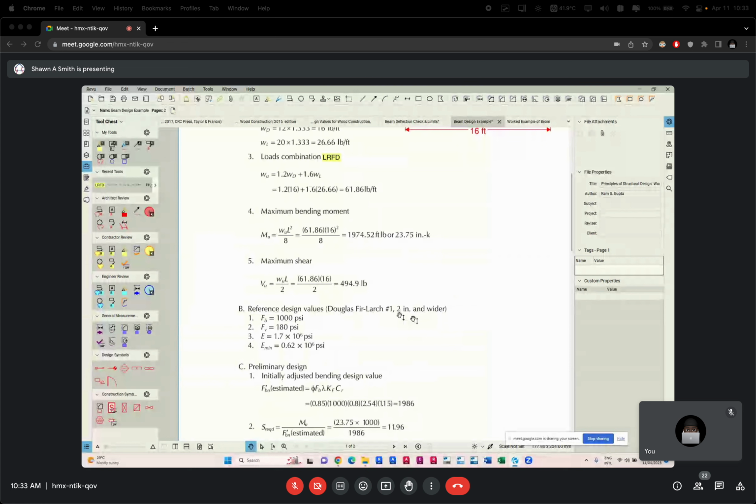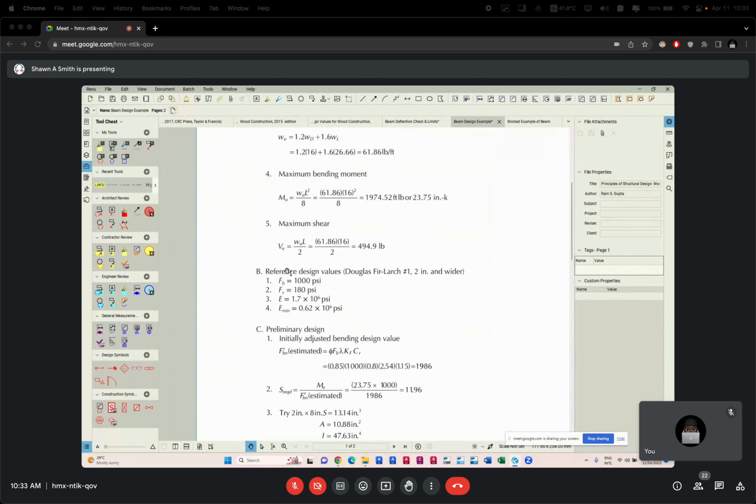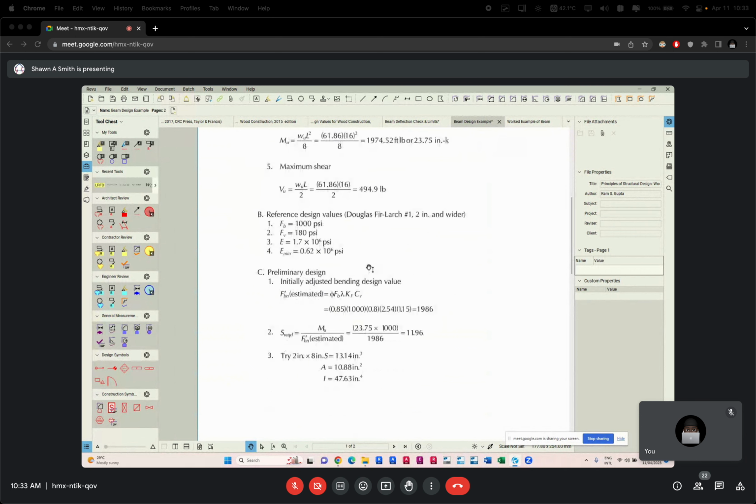We can start with the width of the element, because the tables do speak to the width of the element. And we take out the reference design values, which we did right here. So the next thing right here, according to this, is the preliminary design. Initial adjusted bending design values.